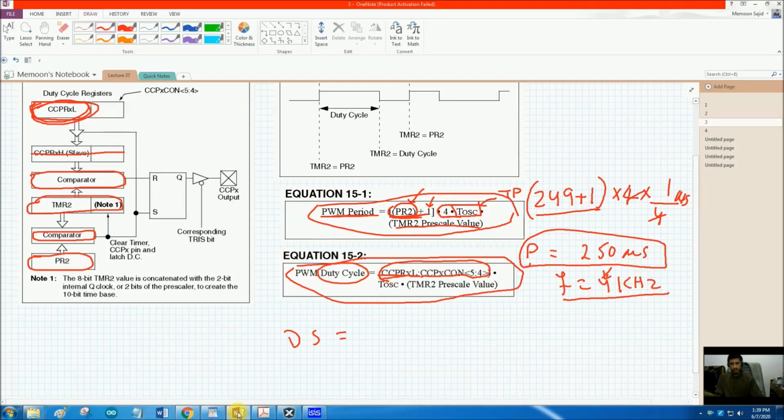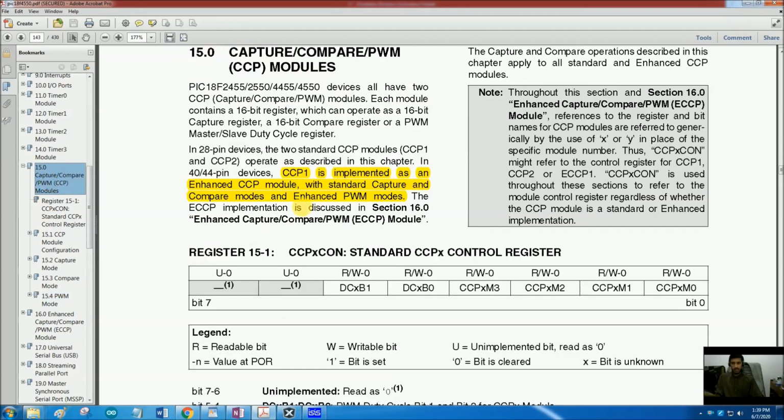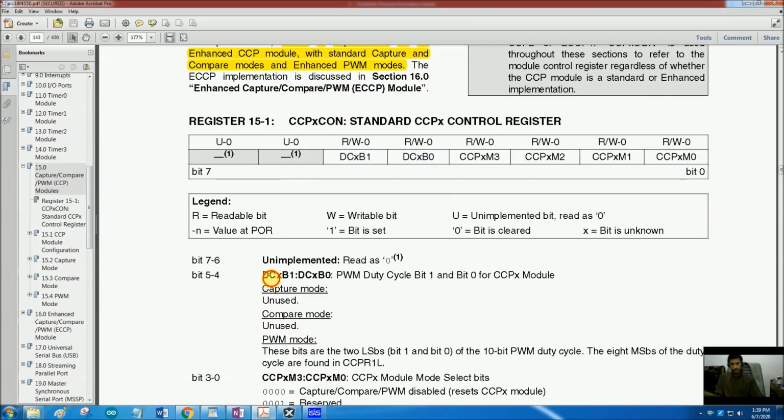Let me go to the data sheet to tell you about that. If we go to the CCP module and the CCPCON register, we skipped these two bits previously. Bits number 4 and 5, we skipped in our previous modes, because they are not used in both capture and compare mode. But in PWM mode, these two bits are the LSBs for the 10-bit PWM duty cycle.